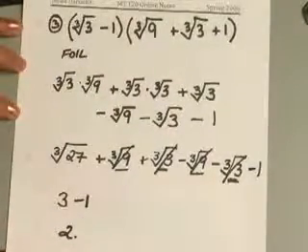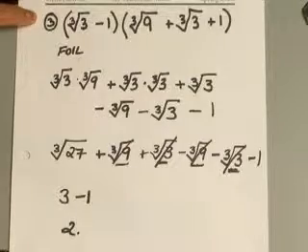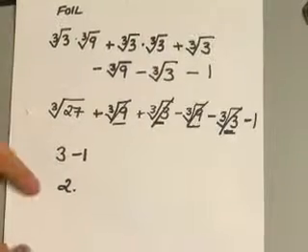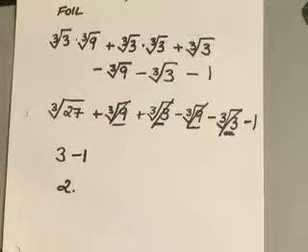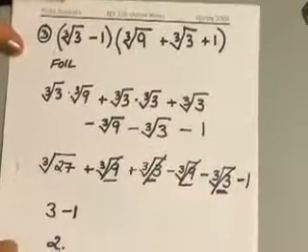So you can see how this big long multiplication problem turned out into a simple answer. And this doesn't always happen, but in this example it did, and 2 will be your answer. So just break it down step by step, and you can go ahead and work on this.